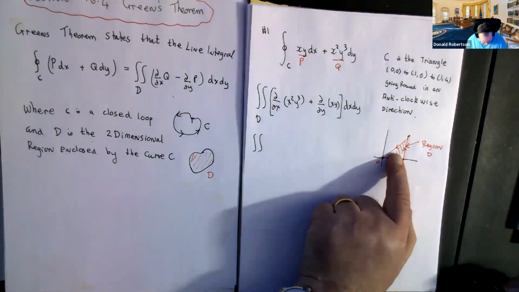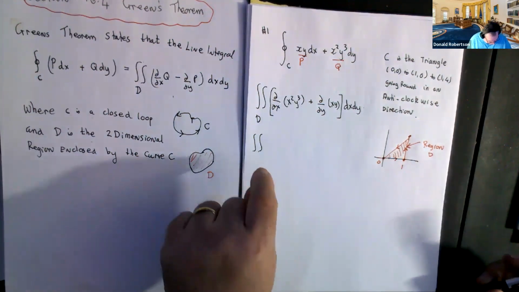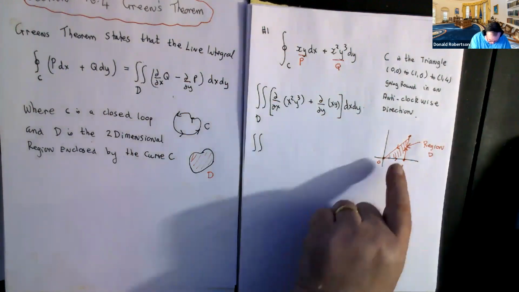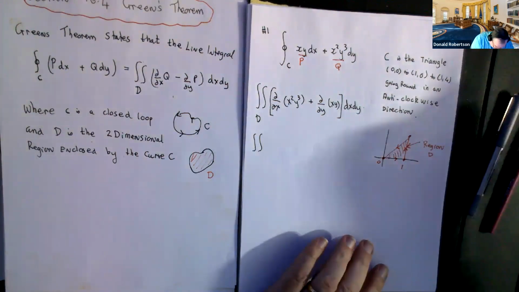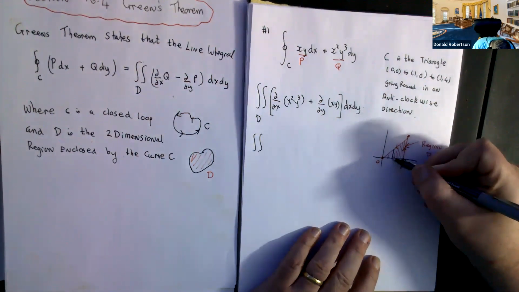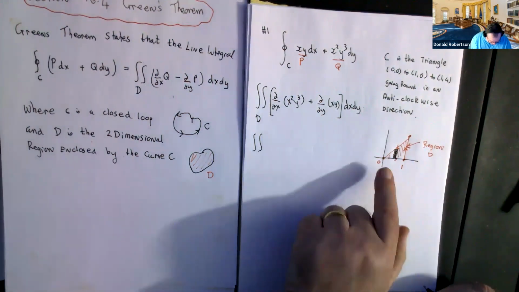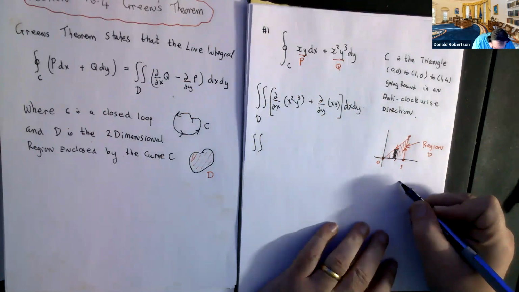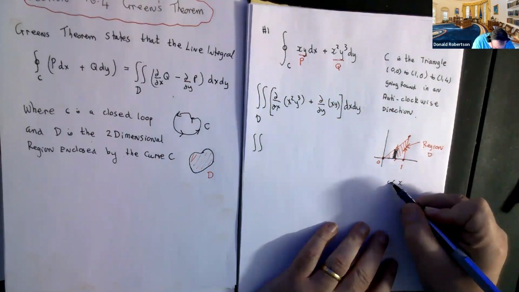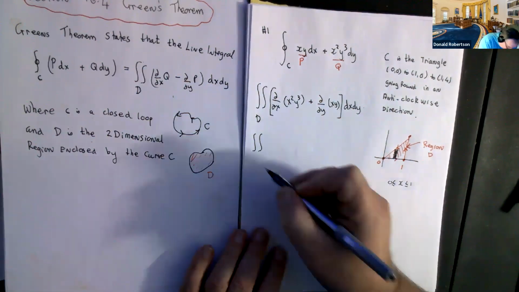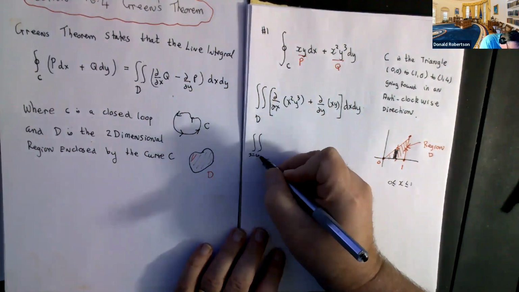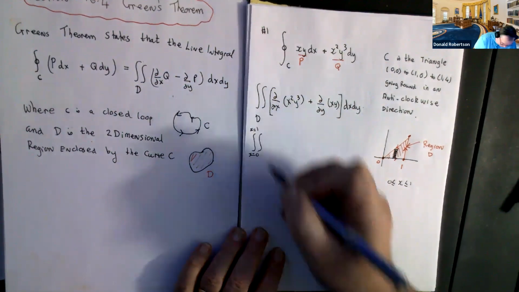And this region here, this region D, we need to find out what its limits of integration are. So what I would probably do here is think of a typical rectangle, that guy there. And if I do it this way, x will go from 0 to 1. So that tells me x is going to go from 0 to 1.